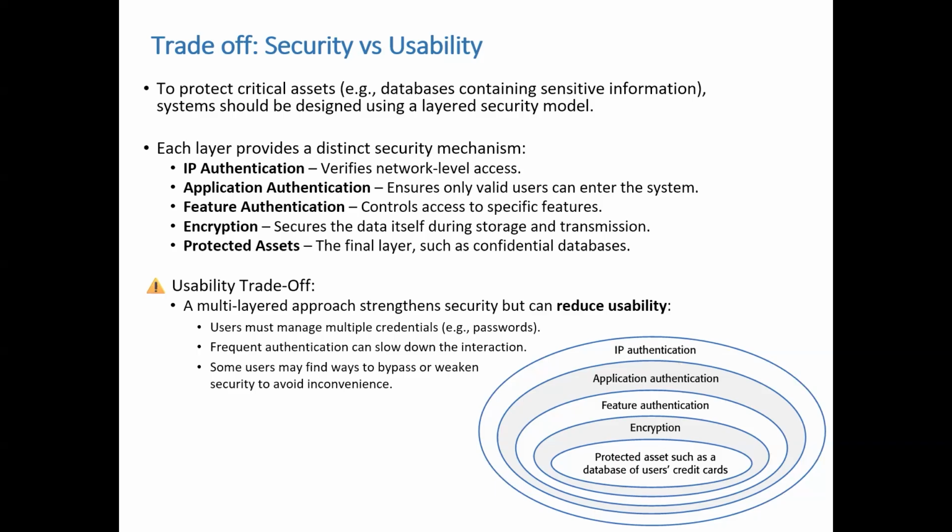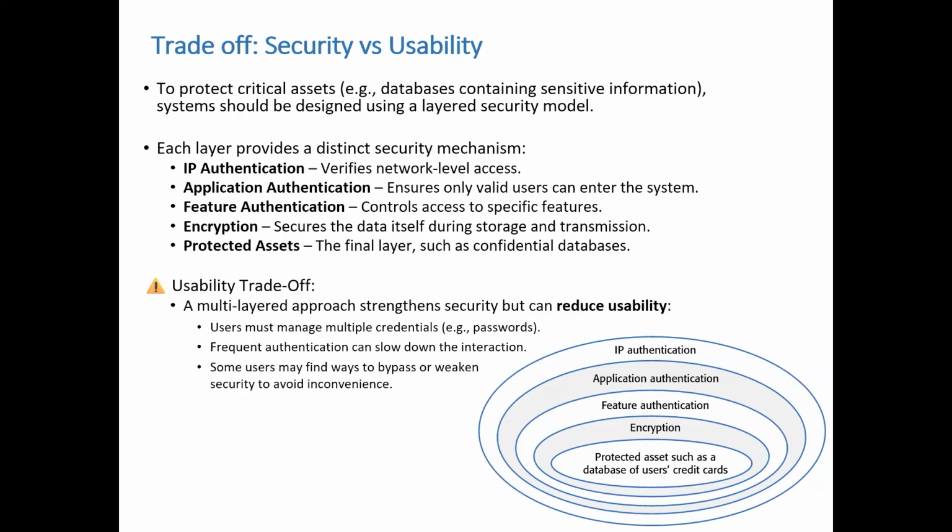While layered security is great for protecting systems, it can negatively affect usability. Users might have to remember multiple passwords, go through re-authentication steps, or deal with access delays. And many find this annoying.